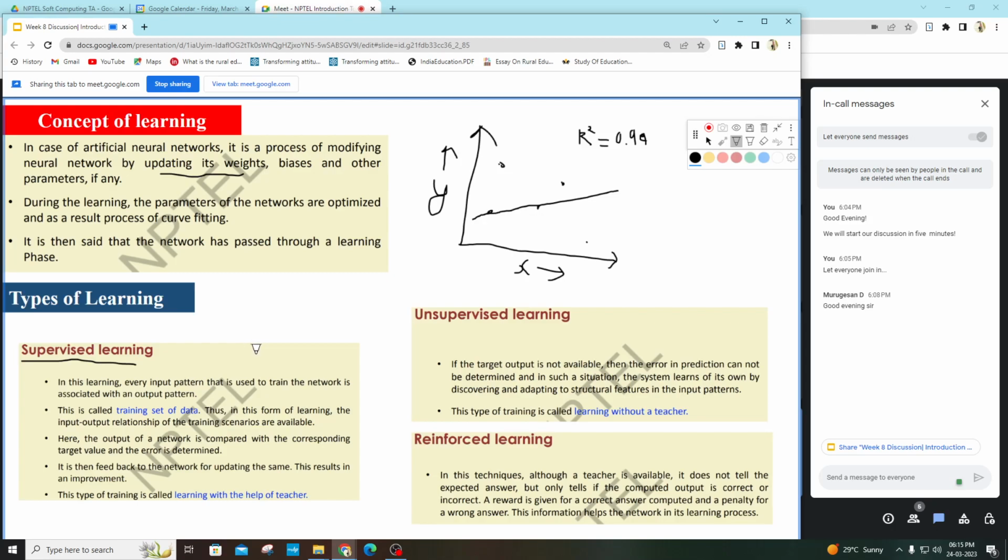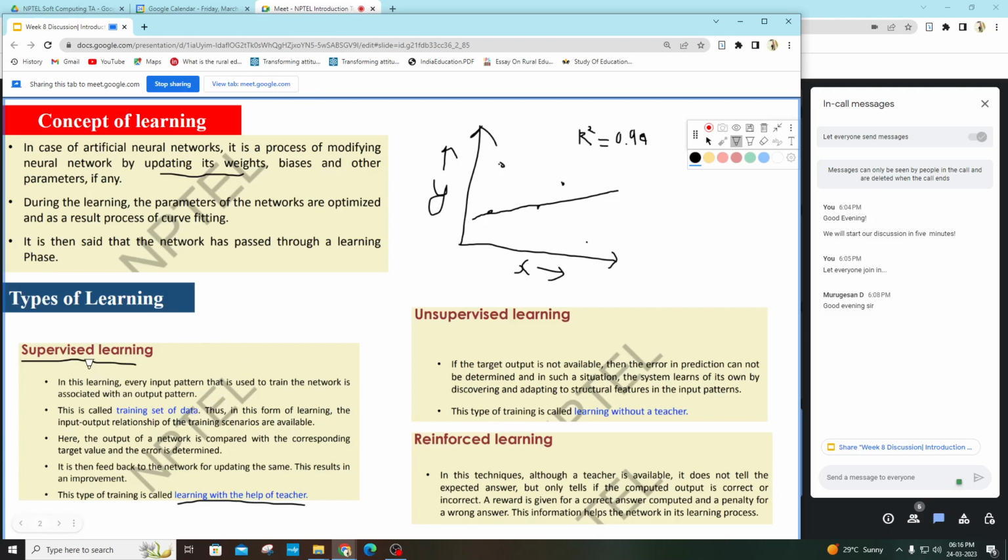In supervised learning, we give input as well as output. You will ask me the question: if we are giving the output, then what is the use of a network? See, this is the concept of supervised learning, or learning with a teacher. When we give the input as well as the output, the neural network learns from the output, from how much error is coming with respect to that input.